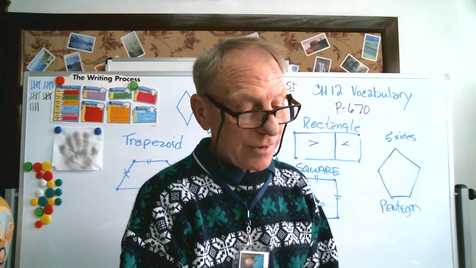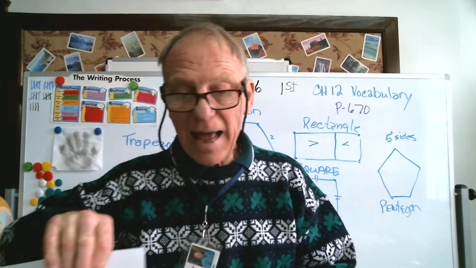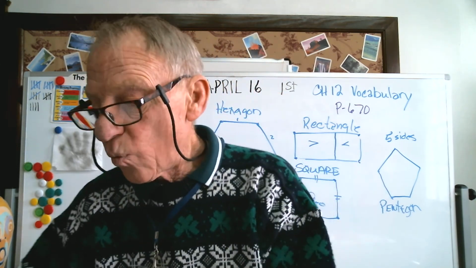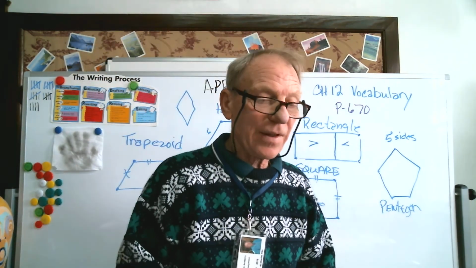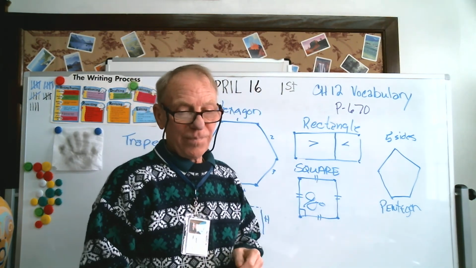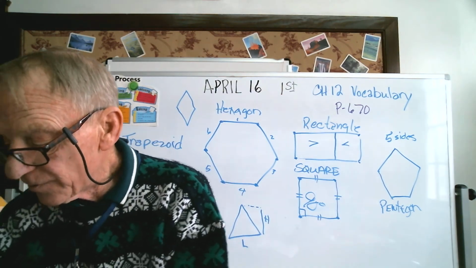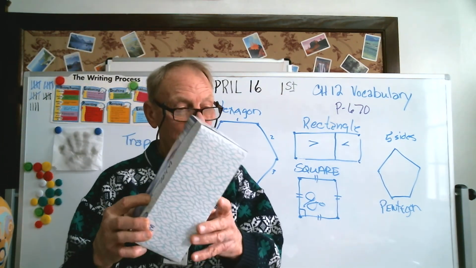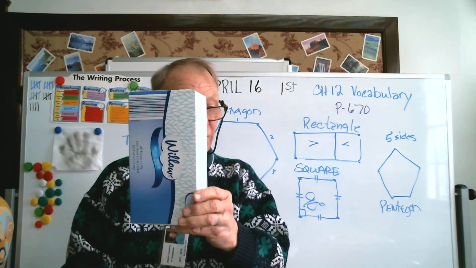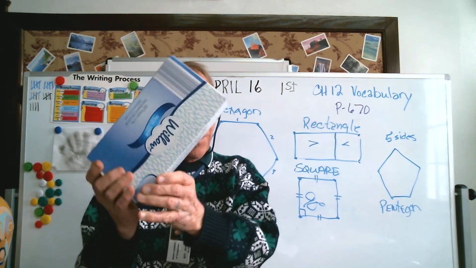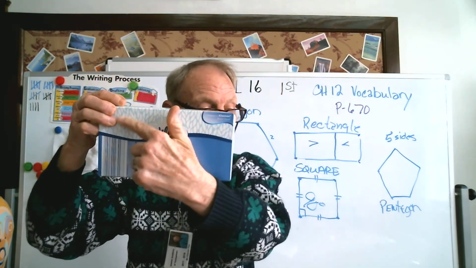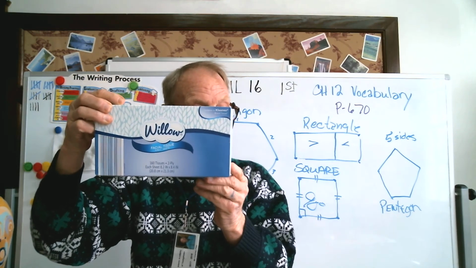Two-dimensional, the key is it's a flat item. Flat. It has length and height, but it doesn't have any depth or width to it. This box is three-dimensional. Now, if it was just the front of this box, if it was just this shape, flat, that would be a rectangle.